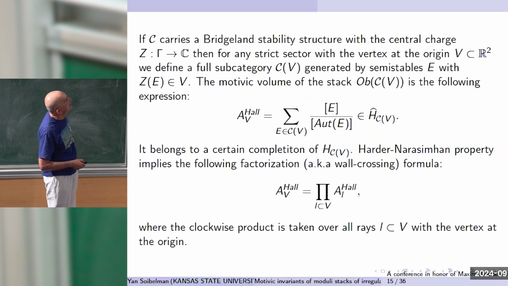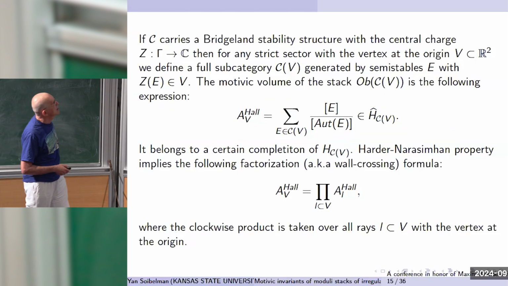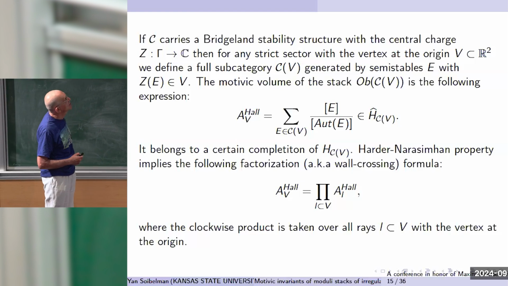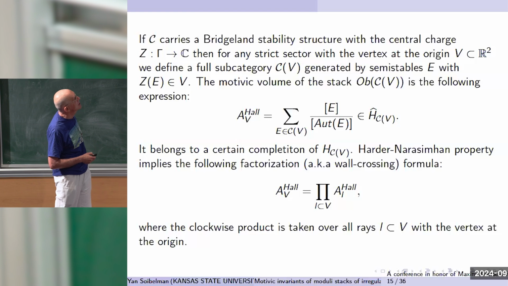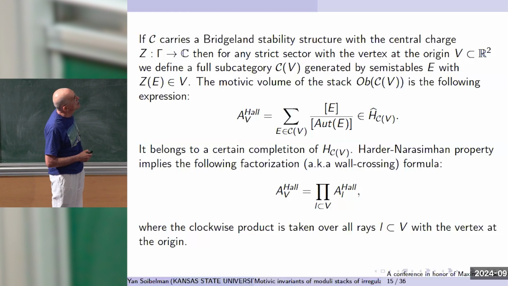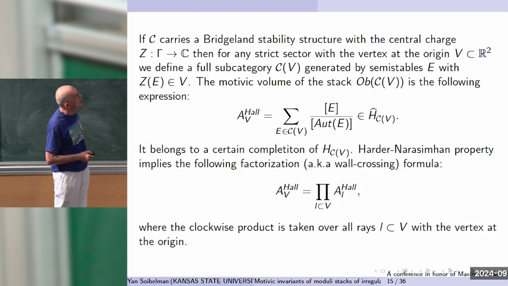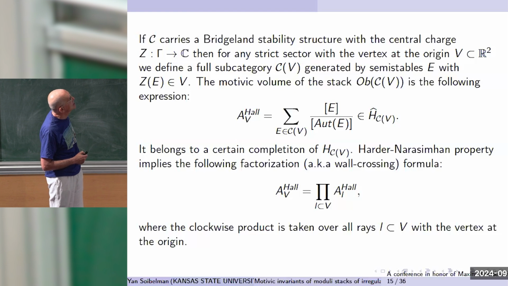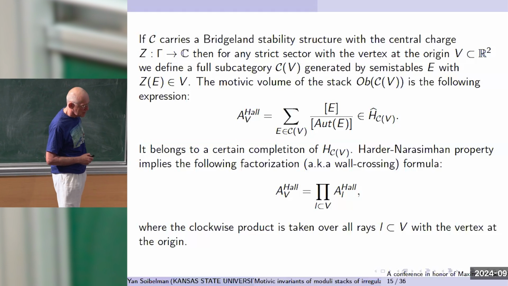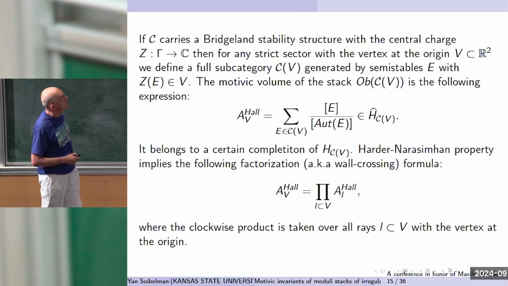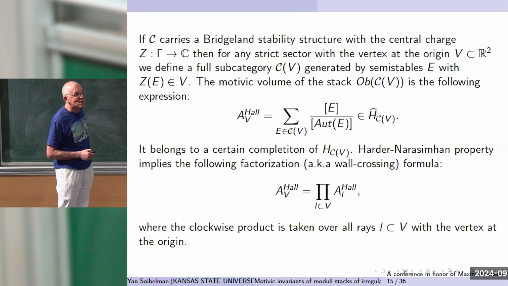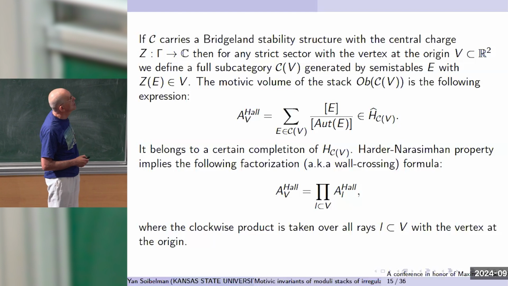Good. First thing, now, if the category carries a Bridgeland stability structure with the central charge Z, then fixing a strict sector V, a sector which is less than 180 degrees, we can define the subcategory generated by semistables for which the central charge sits in this V. And for such a category, we can define its Motivic volume as an element of the completed Motivic Hall algebra.